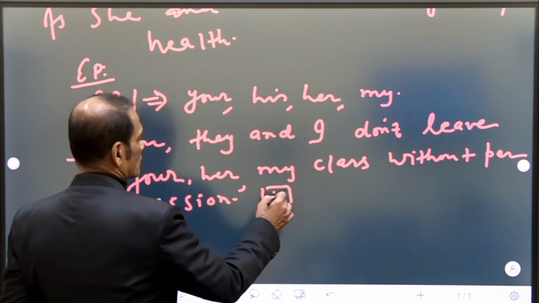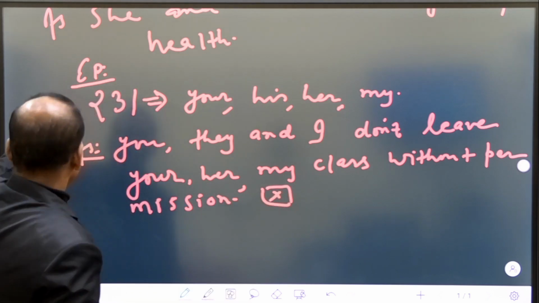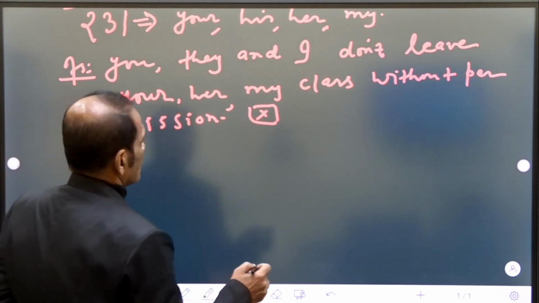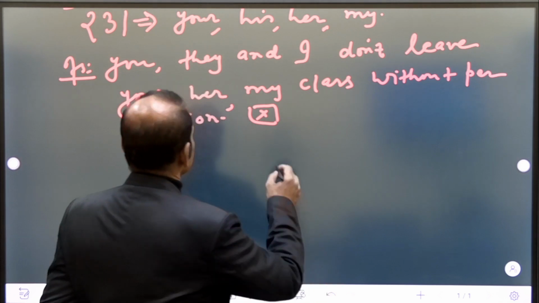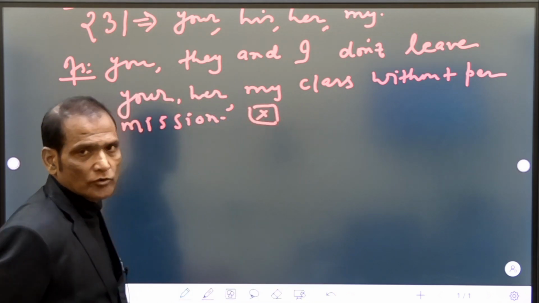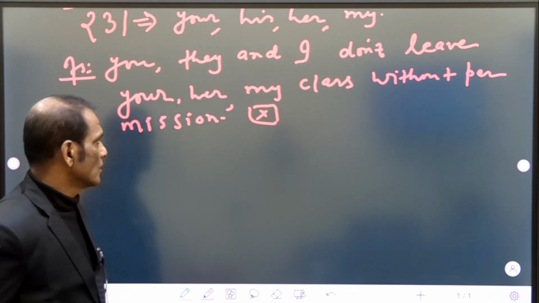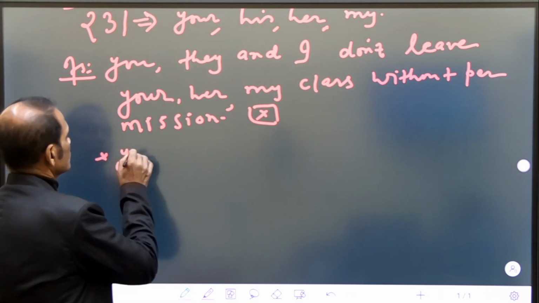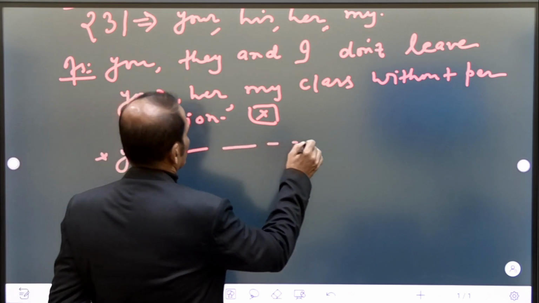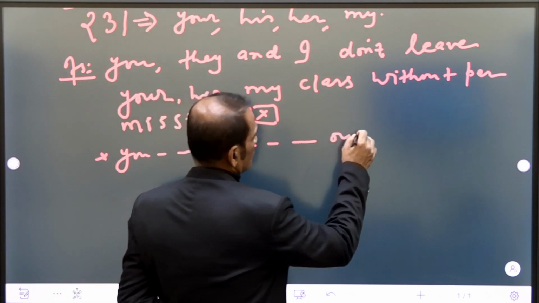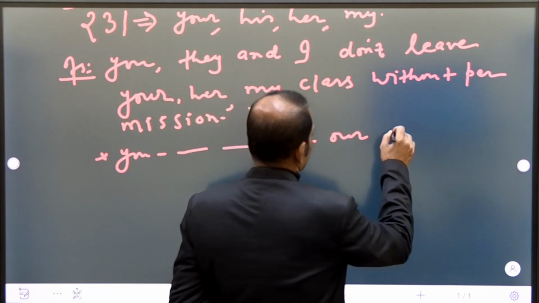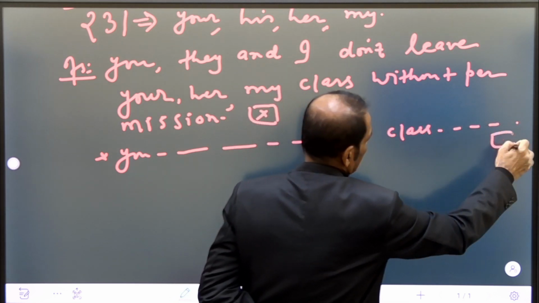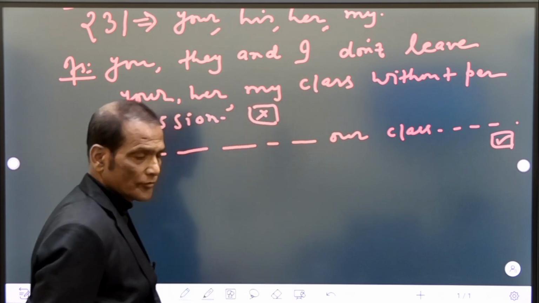This one is incorrect. Actually here should be not my, here should be "are". So, you, they, and I don't leave our class without permission. That one is correct.